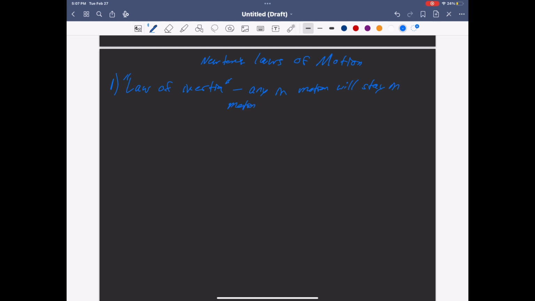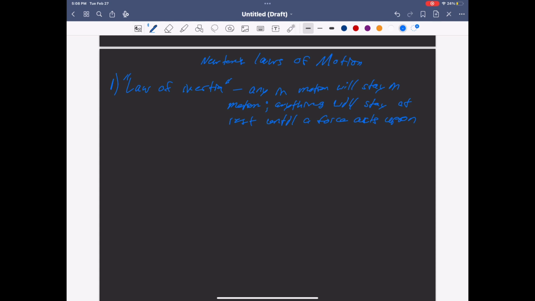It states that anything in motion will stay in motion, and anything at rest will stay at rest until a force acts upon it.